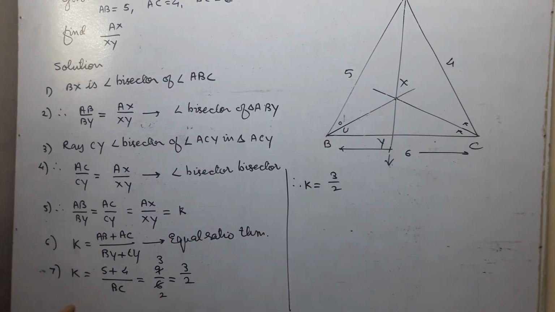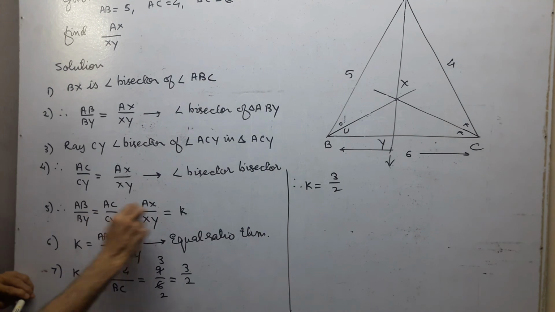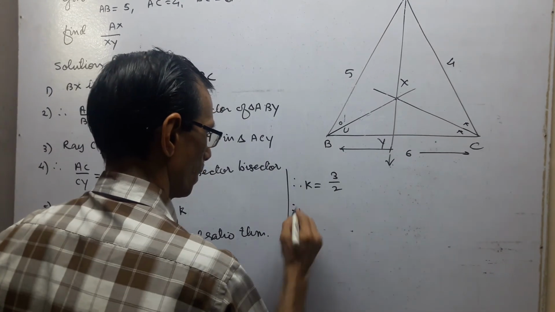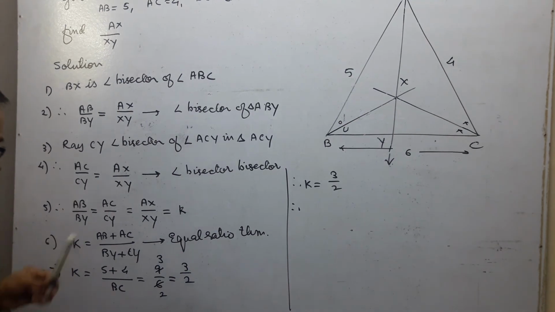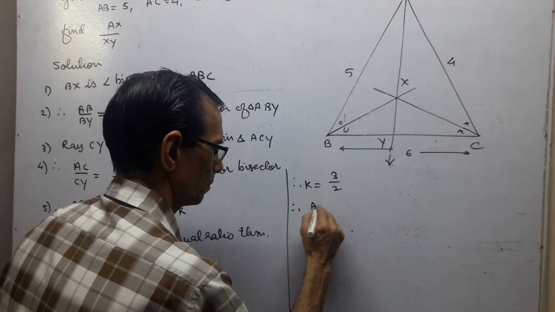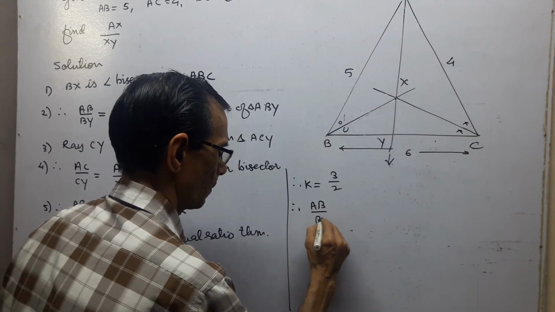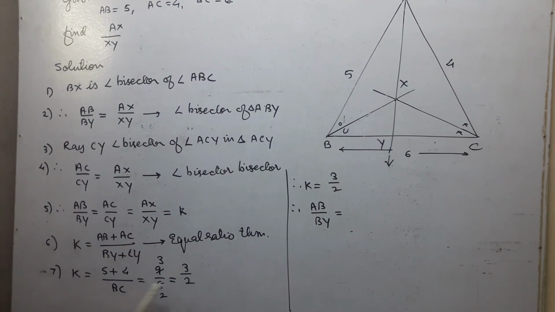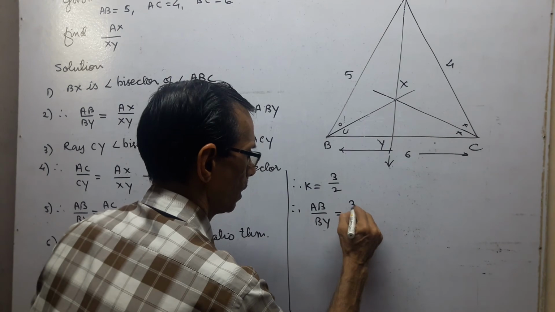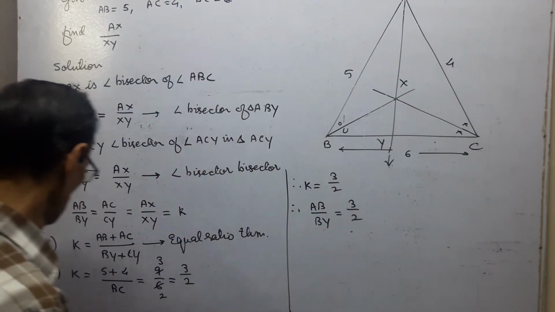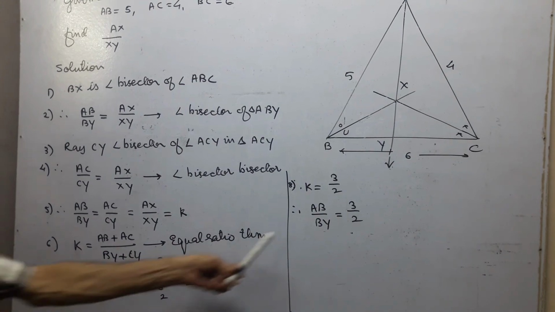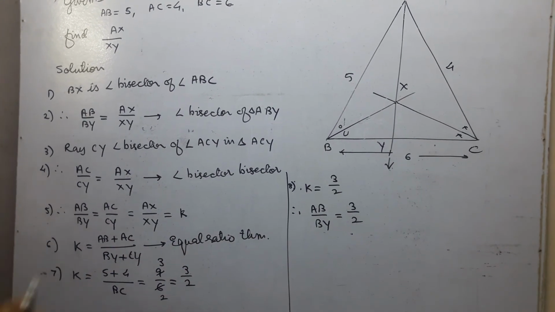K is equal to 3 upon 2, and again K is equal to this also. And therefore we can write that AB upon BY is equal to K, and K is equal to 3 upon 2.